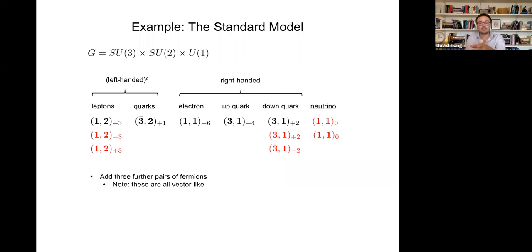They're written in red, but these fermions all come in pairs. So these are not Weyl fermions, these are Dirac fermions. They all come in conjugate pairs so that I can give each pair a mass and dial it up to be as large as I like without breaking the symmetry group G. So you can see there's a 3 and a 3 bar, a plus and a minus 2. This pair is actually neutral under all the standard model groups. It's like a pair of right-handed neutrinos, if you like.